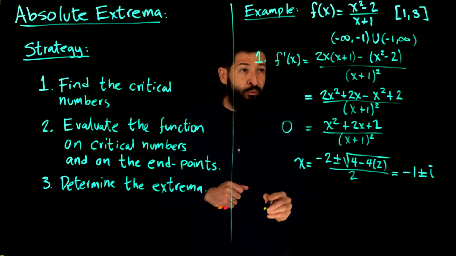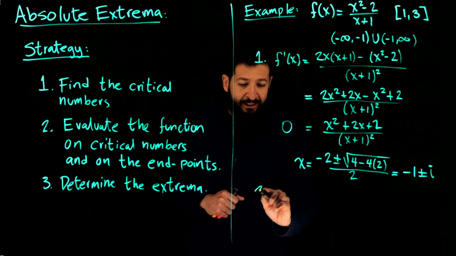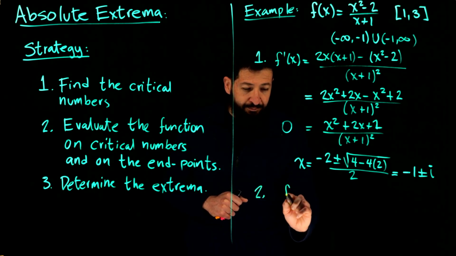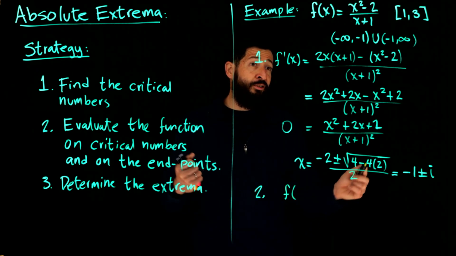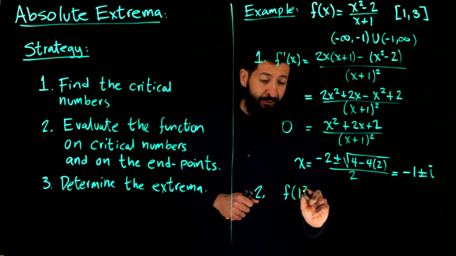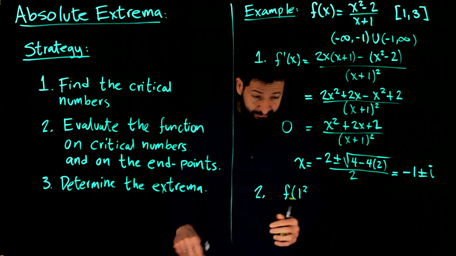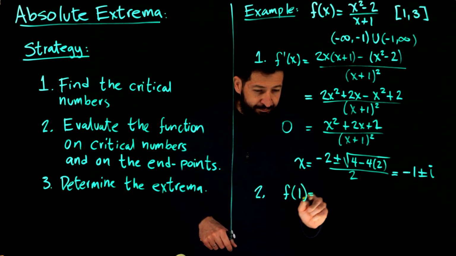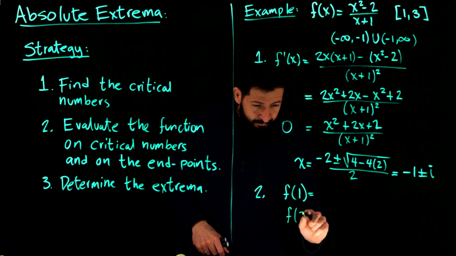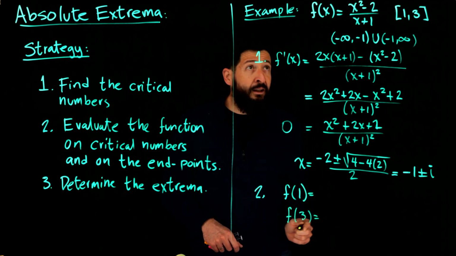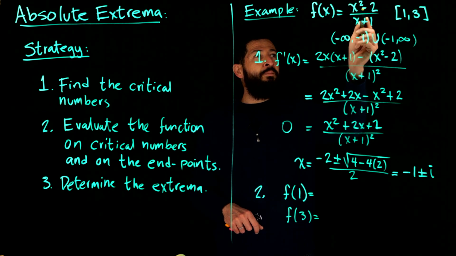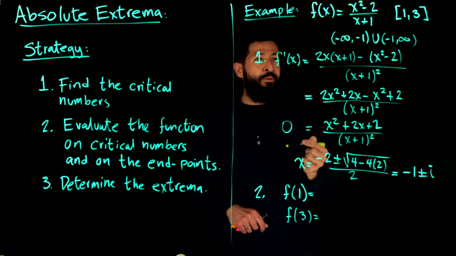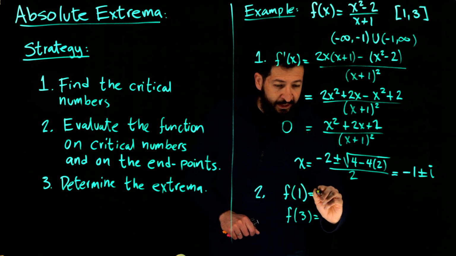So step 2 would be to evaluate the function at the critical numbers or at the endpoints. There's just no critical number, so evaluate it at the endpoints. And when we evaluate here, we get 1 minus 2, which is -1 over 2, so -1/2.